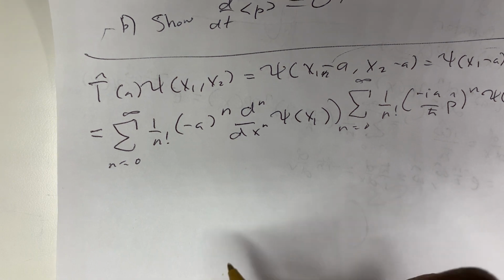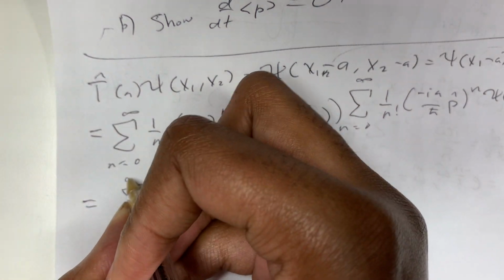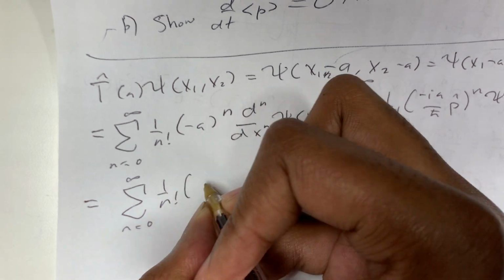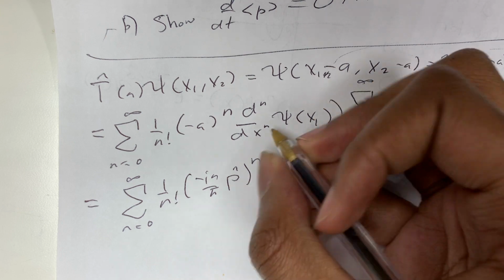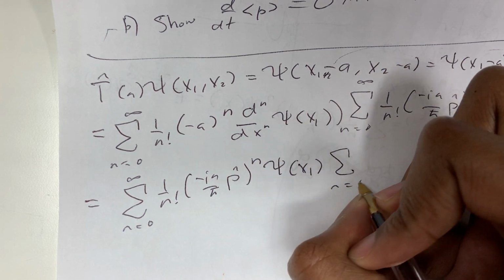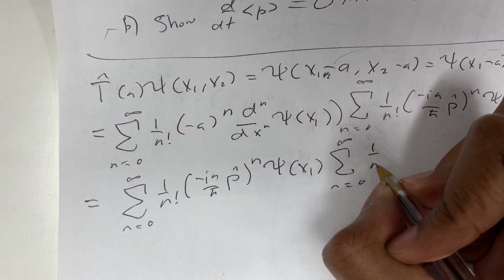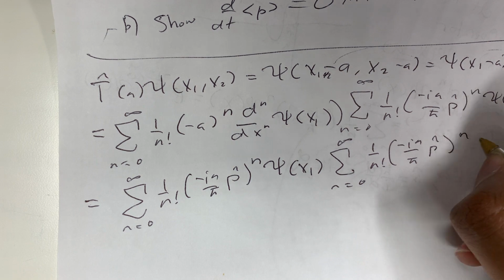Okay, now this equals the summation of n equals 0 to infinity 1 over n factorial times minus i a over h bar p hat to the n psi of x1, and then times the summation of n equals 0 to infinity 1 over n factorial times minus i a over h bar p hat to the n.